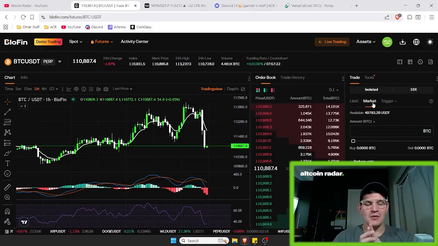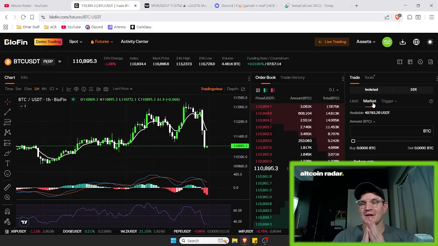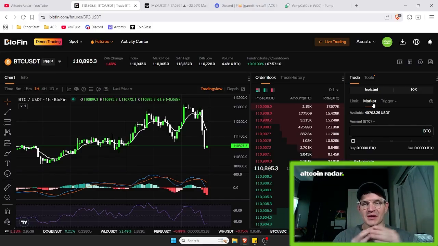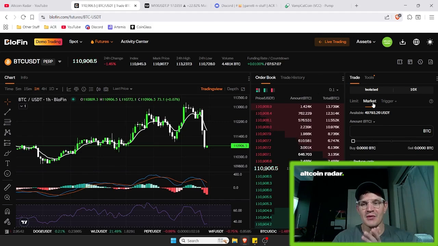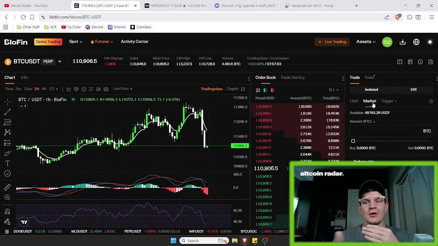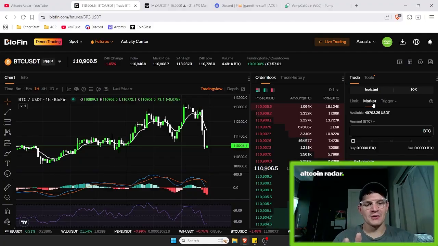However, you may not always get the exact price that you see, especially if the price is moving super fast at the time. So if you're trying to trade a coin that's extremely volatile right now and it's moving extremely fast up and down, you're not going to get the price that you want to get into or out of using a market order.